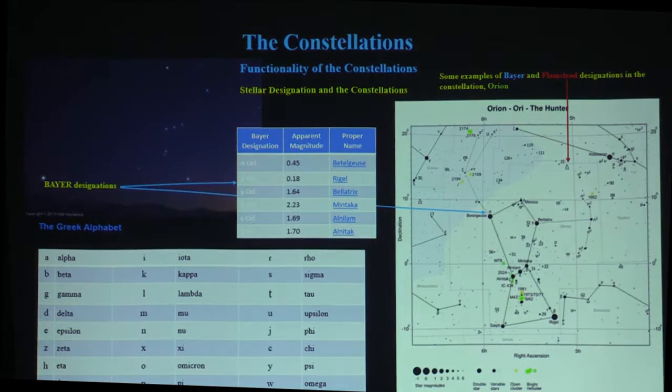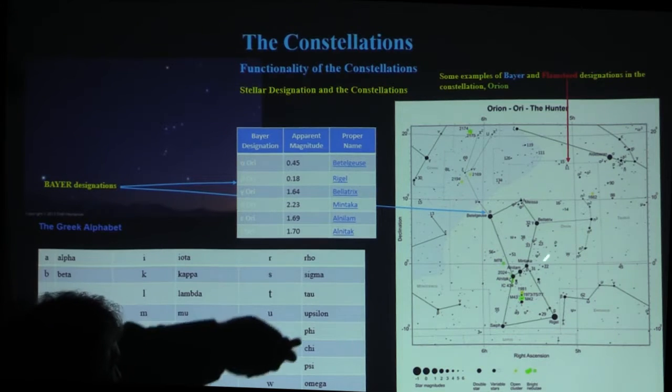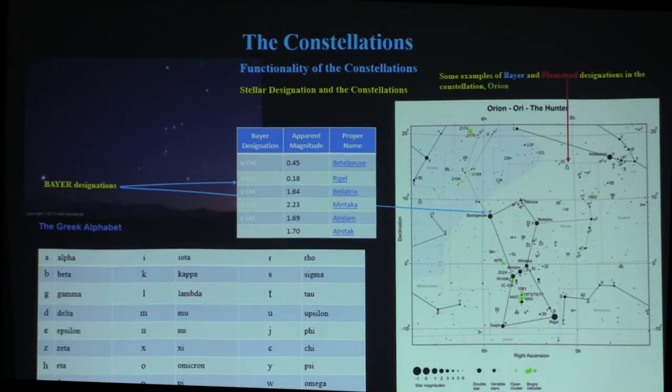And there's just a bit about the Greek alphabet. And if you look at the constellation Orion, you can see here are some numbers up here in different parts, 14, 16, so they're Flamsteed numbers, and so on. And you've got the Bayer, of course. So Betelgeuse is Alpha Orionis, they're the Bayer designations, and they're the Flamsteed ones.